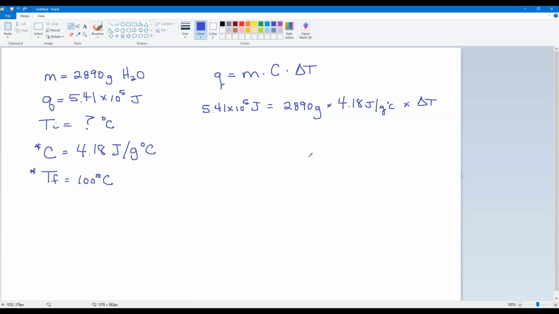I'm going to leave my change in temperature out at first, because I need it to figure out my initial temperature, since change in temperature is equal to T final minus T initial. So instead of putting that in here, I'll add it in a little bit, because what I need to do is isolate the change in temperature by rearranging and bringing these two numbers over to this side.